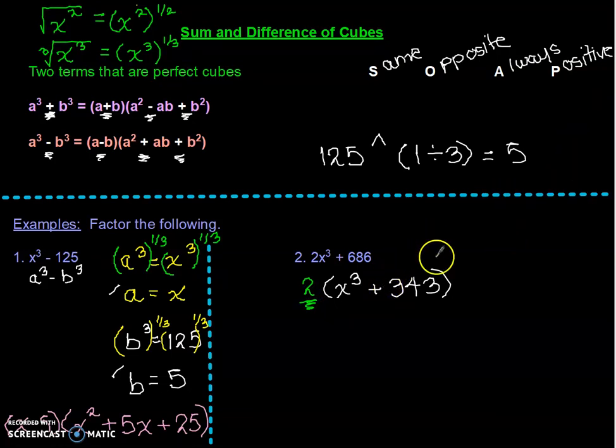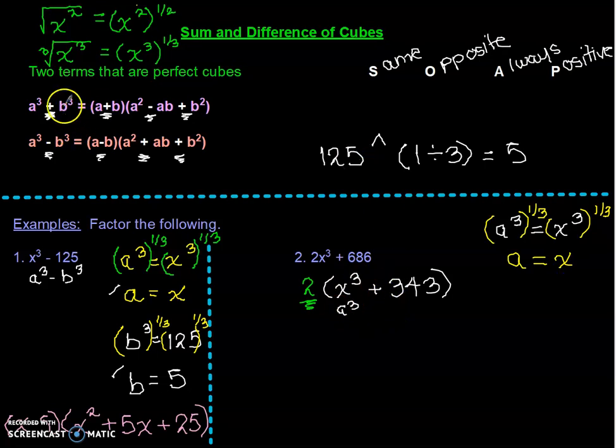So notice I have a sum of cubes where a to the third power is x to the third power. If I do the same thing I did last time to find out what a is, I'll give it a power of 1 over 3, keep it balanced on both sides, and that'll give me a equals x.